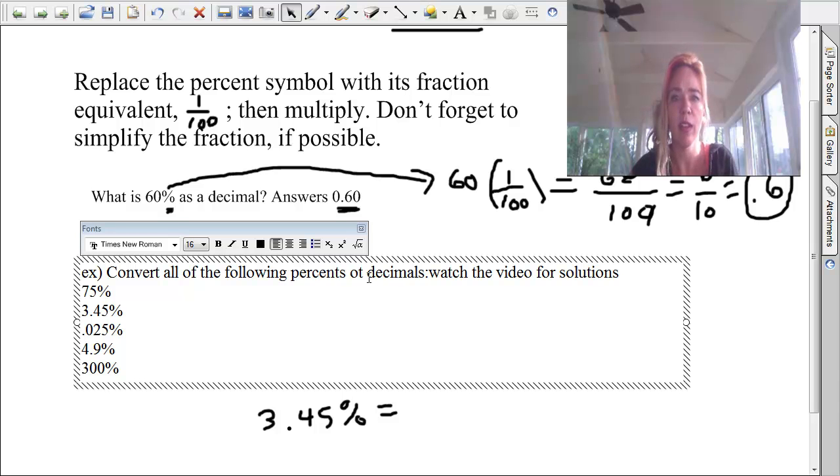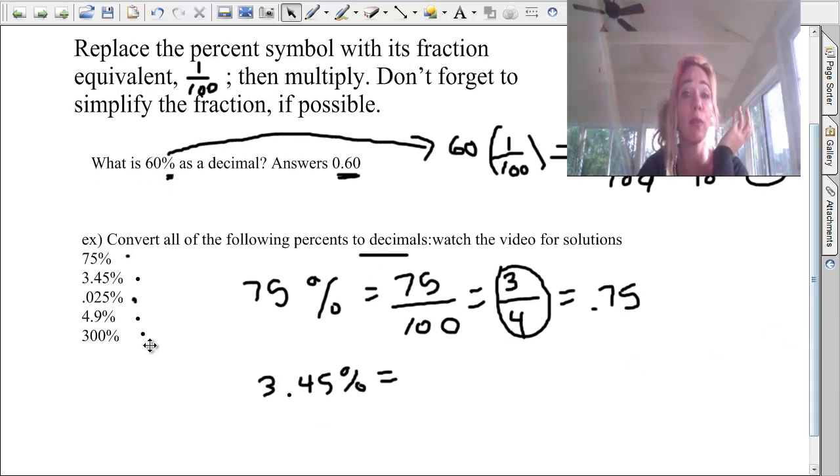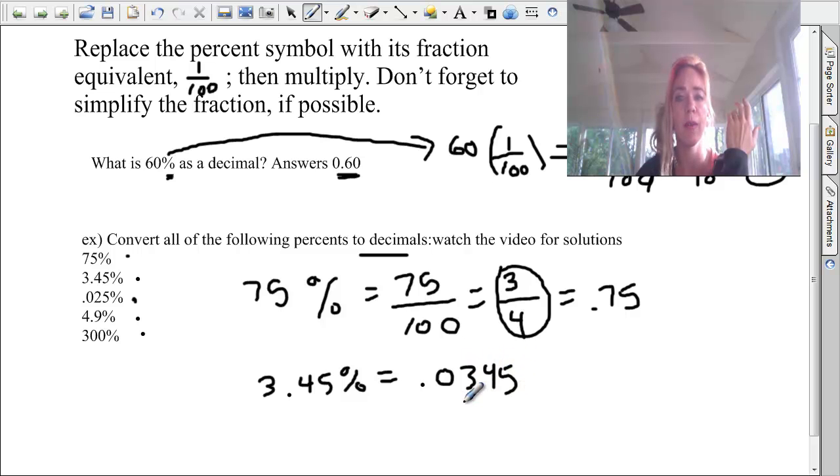Convert all of the following percents to, it shouldn't say ought, it should say to. If you're trying to get them from percent to decimal form, you can take this approach that I'm doing now. But there's an alternative approach. You might say, well, gee, I'll just slide the decimal 2 to the left and I'll have it. So I did want to mention that. You might be able to look at this and intuitively say, reverse the flow, and say, gee, I know that's going to be 0.0345. That's probably the fastest way of doing things.